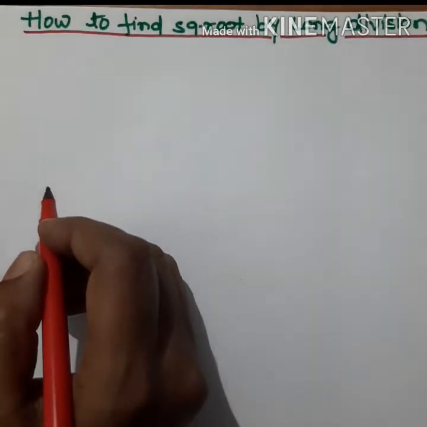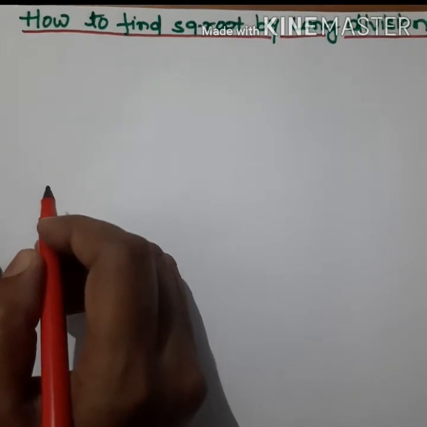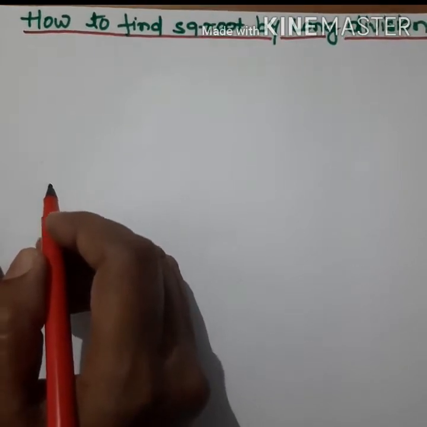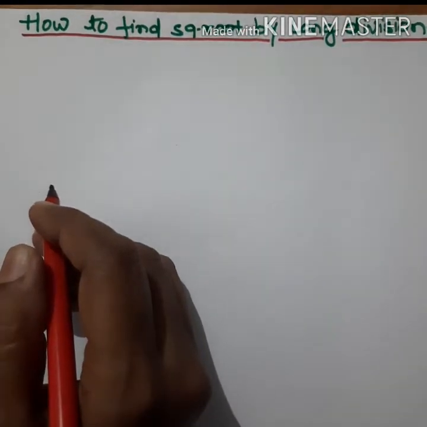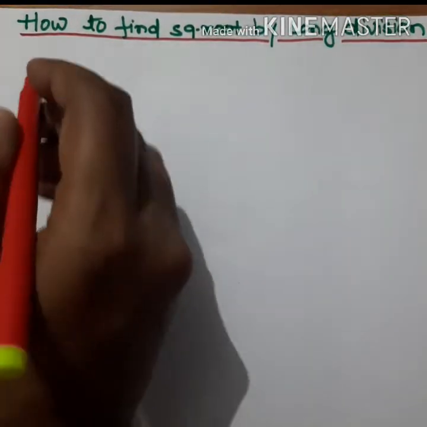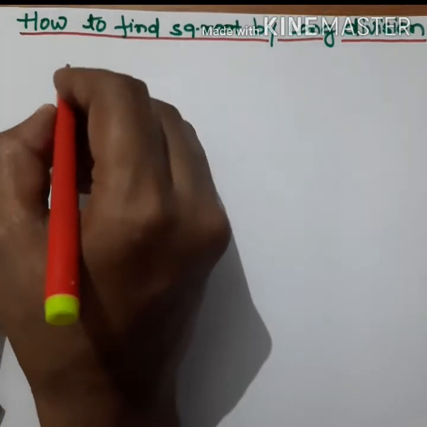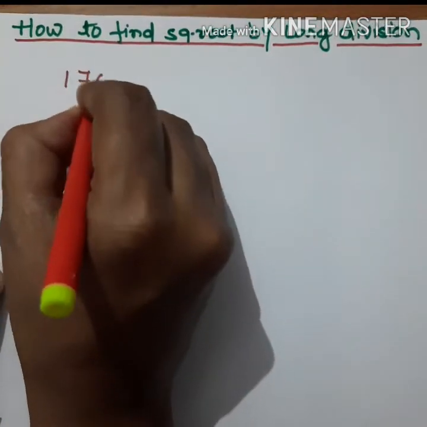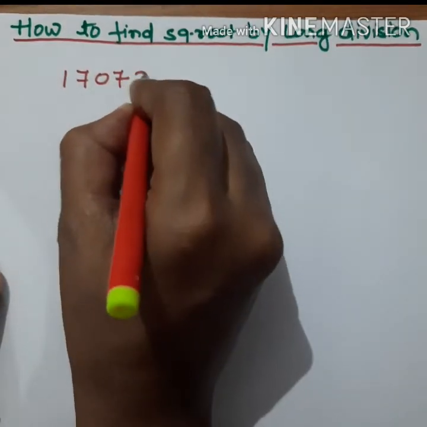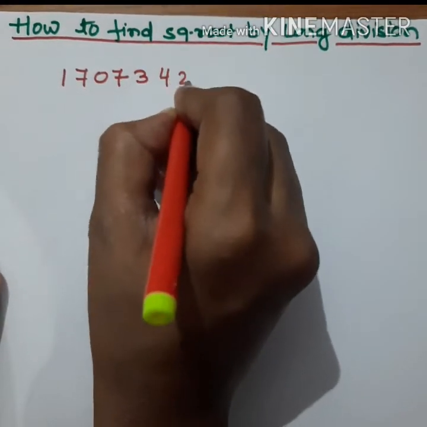They are not able to understand how to find square root by long division method. So here I am taking a little big number so that you can understand the process. I am taking one 8-digit number, say 170732424.